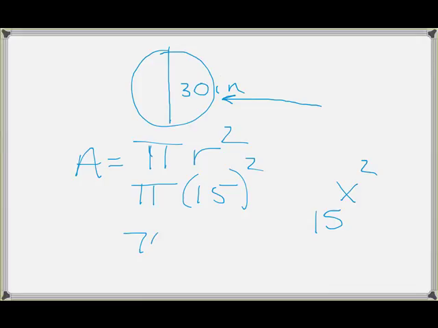And we would get 706.5 square inches. If they told you to round to the nearest unit, since this is 5 or bigger, we would say approximately 707 square inches. And you're just substituting the numbers into the formula. So you have rectangle, you have square, you have triangle, and you have circle.